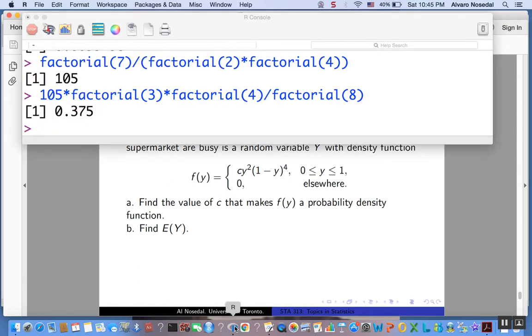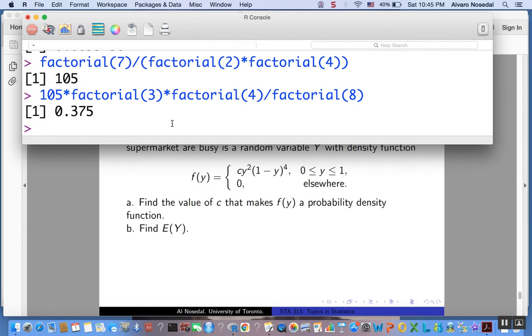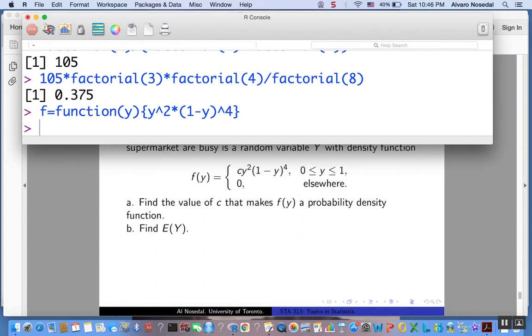Okay. So just like before, I think we did this in another video, but let me show you again. Let me define f as a function with argument y, then those curly brackets, and then I want y squared times 1 minus y to the fourth power. That's our function f.